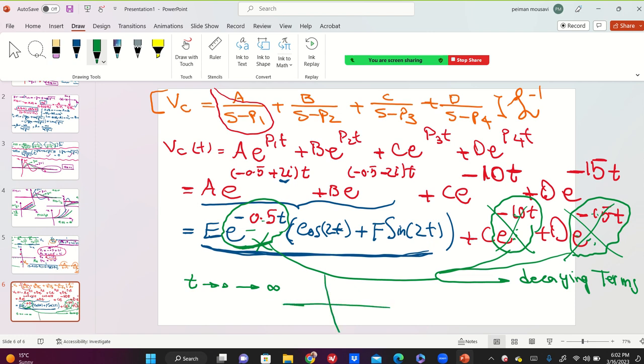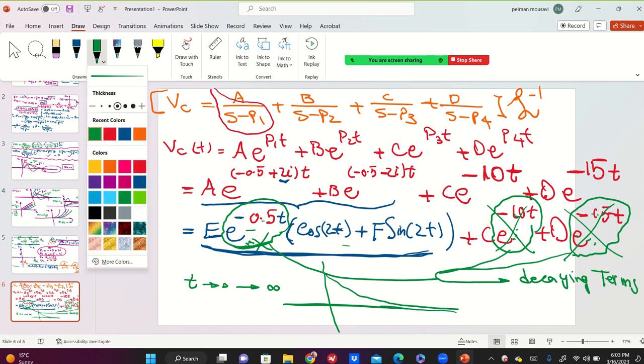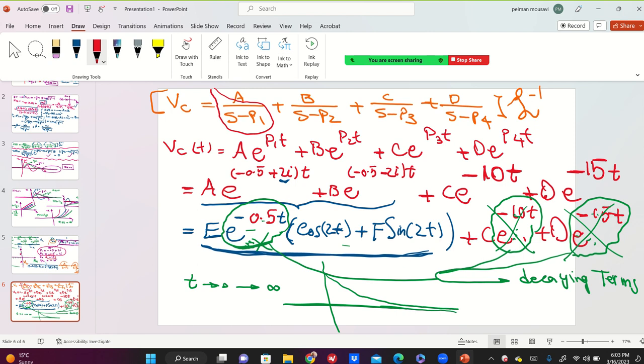On the other hand, if I want to plot this, I'm going to plot with green. This is going to vanish like this. Forget about the harmonic. I'm only talking about the exponential. It's going to vanish like this. But these two that I'm plotting with the red and pink are going to vanish like this.